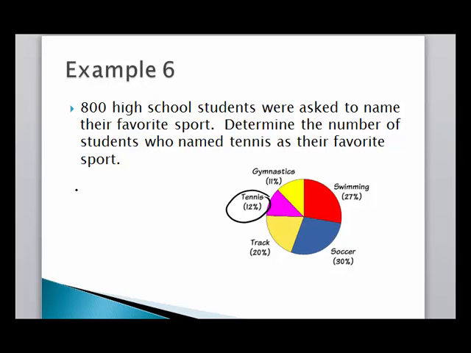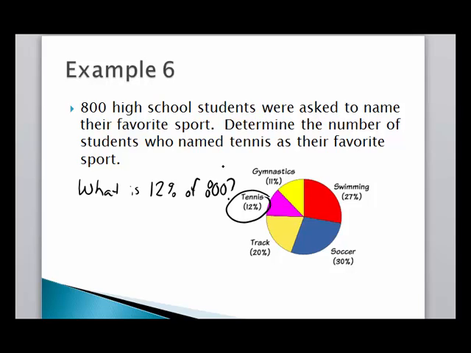So what the problem is asking is, what is 12% of 800? We know that there were 800 students altogether. 12% of those students like tennis. We need to figure out how many students that actually is.